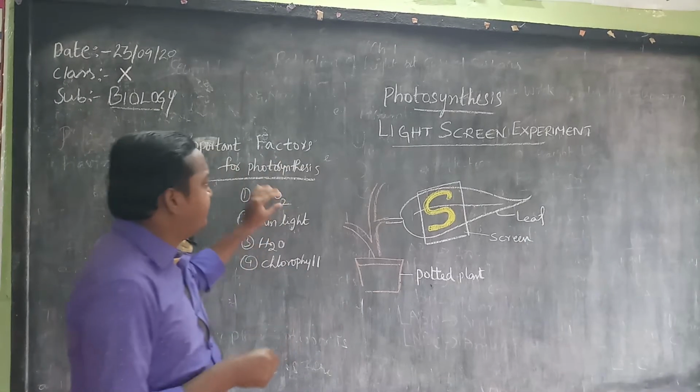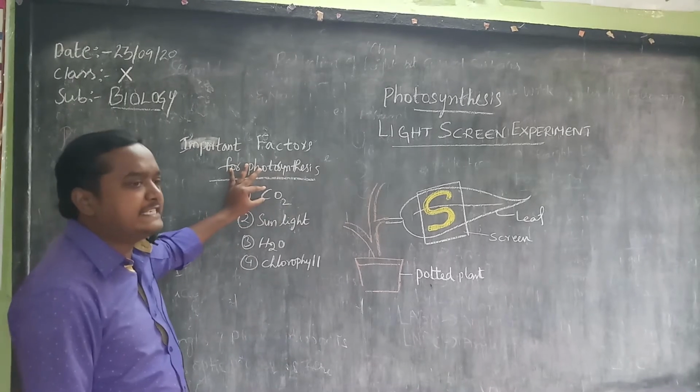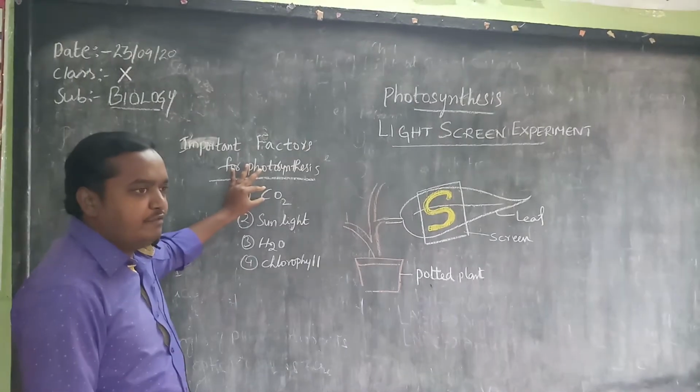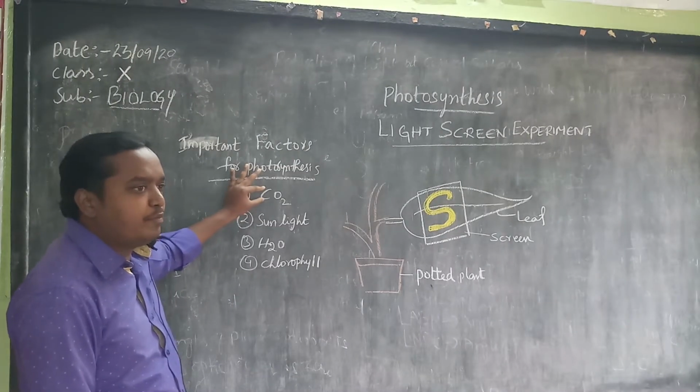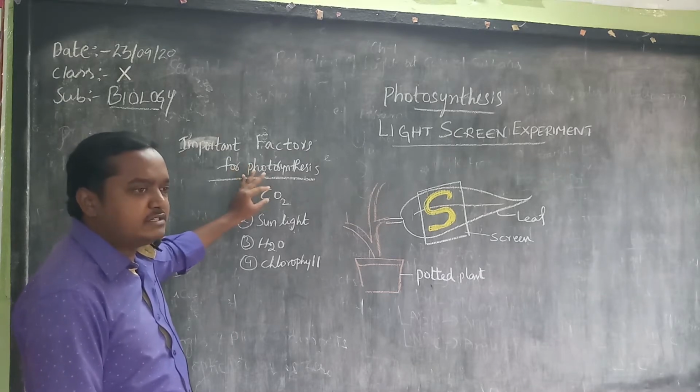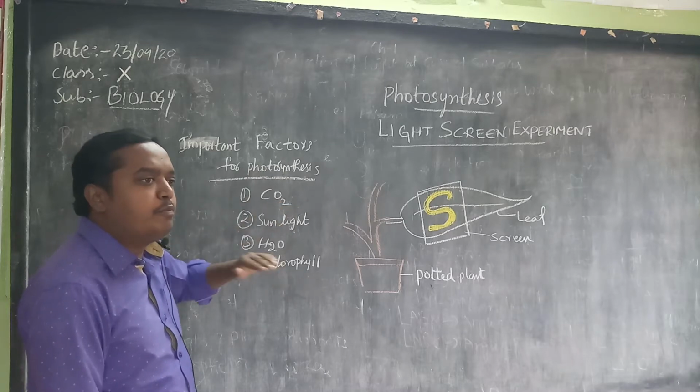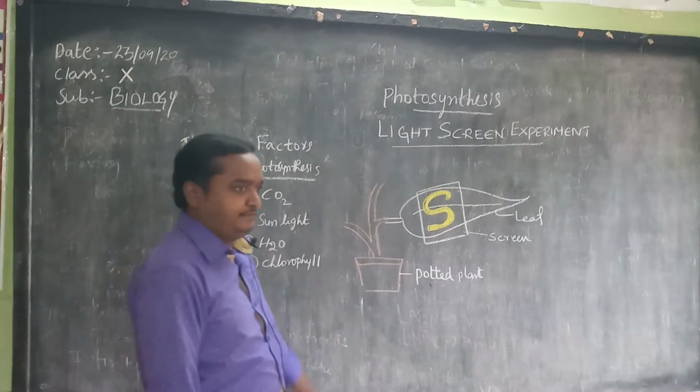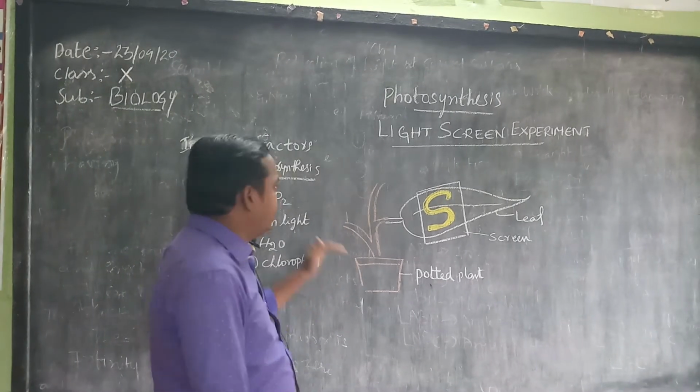So carbon dioxide is compulsory. Without carbon dioxide there is no preparation of glucose, so no carbohydrate, no starch, no blue black color. That is clear from the last class.